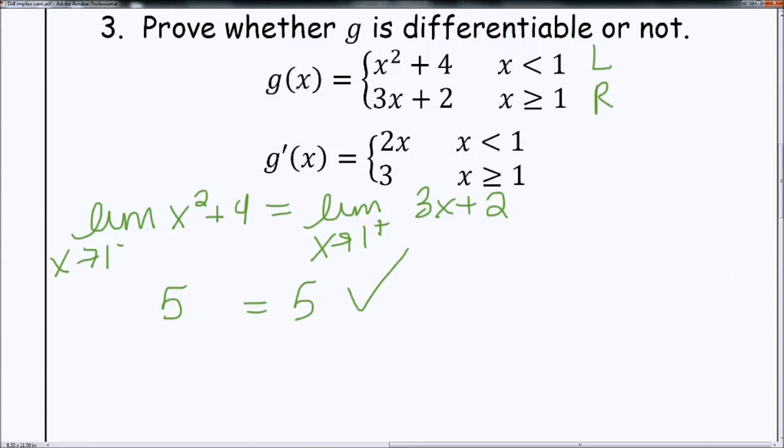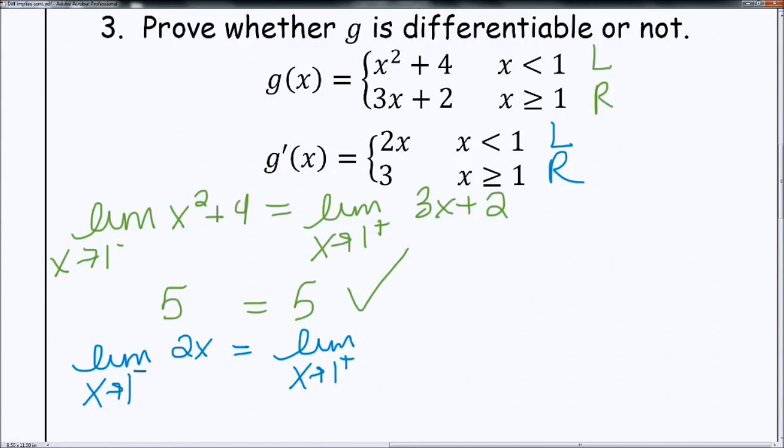Now let's check differentiability. And differentiability, again, this is the left-hand side, this is the right-hand side. And so these are our derivatives. Are our slopes coming up the same? Are they equal to each other? And so I want to check, does the limit as x approaches 1 from the left of g prime, which I'm going to write as 2x, equal the limit as x approaches 1 from the right of g prime of x?